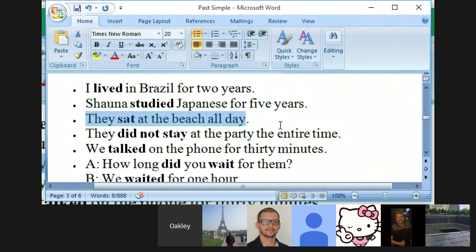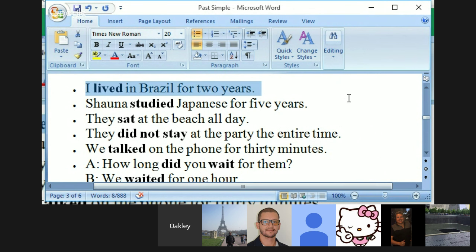All right, you may preemptively ask a question. Why do we not use continuous tense if we want to emphasize the idea of duration? Well, there's a couple reasons. First of all, we don't really need to. It's not wrong to say "I was living," past continuous, "in Brazil for 2 years."